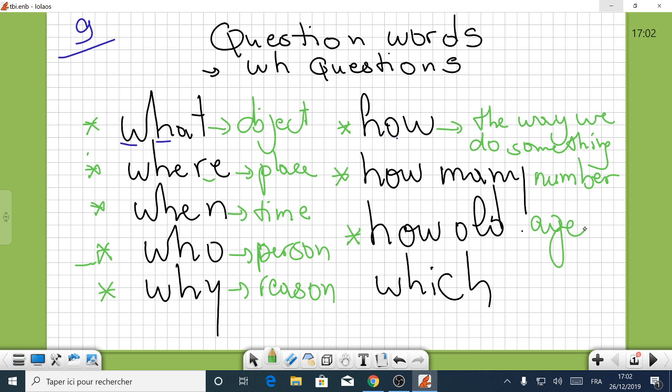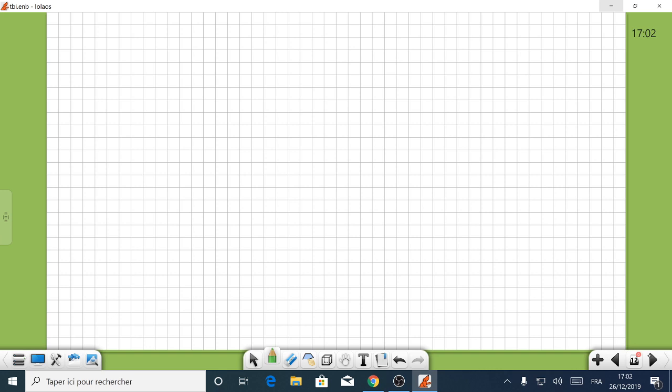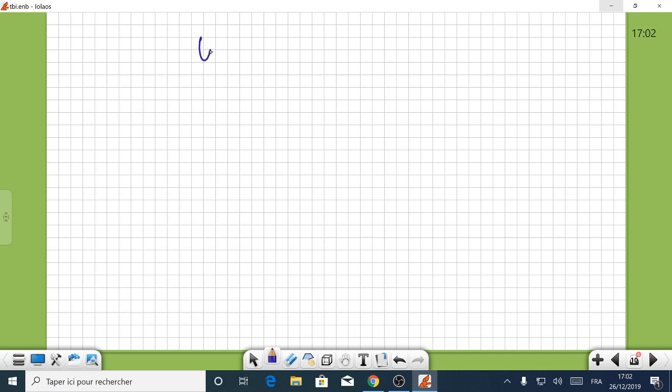And now we go to the next one, which is which, and it is very common too. Slide number 10. I shall write with the blue pen as usual. Which.